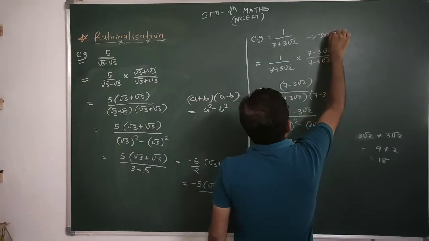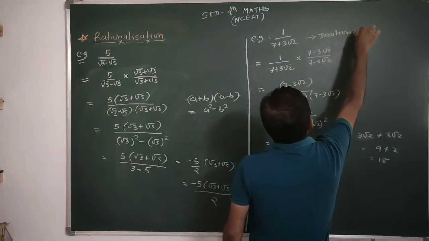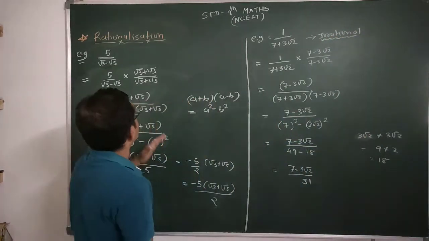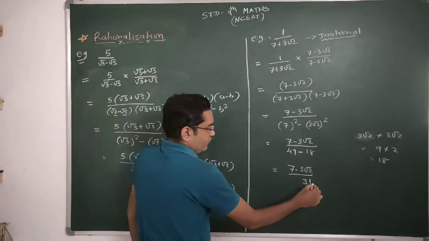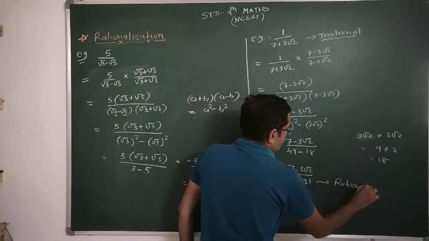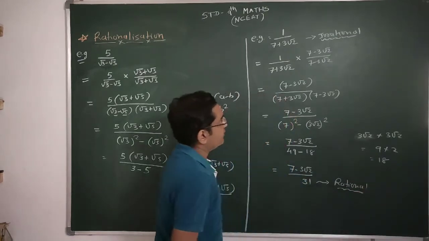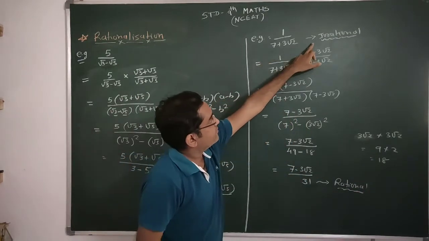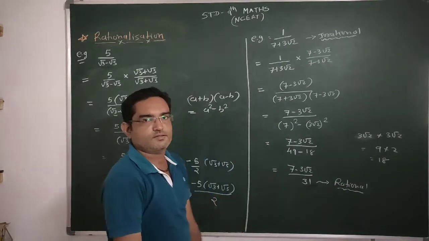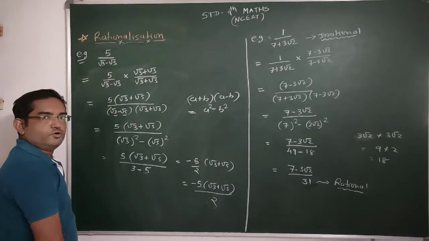After performing the rationalization, we get a denominator which is a rational number. Done? So converting an irrational denominator into a rational denominator is known as rationalization. Clear? So pause the video to note it down.